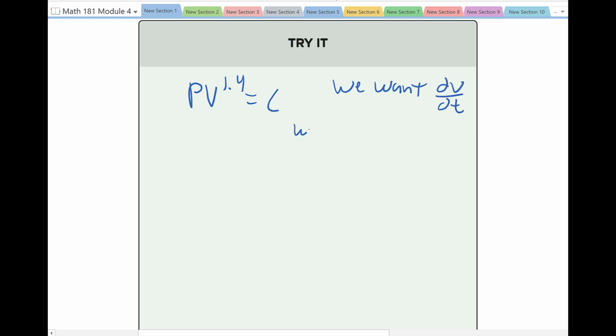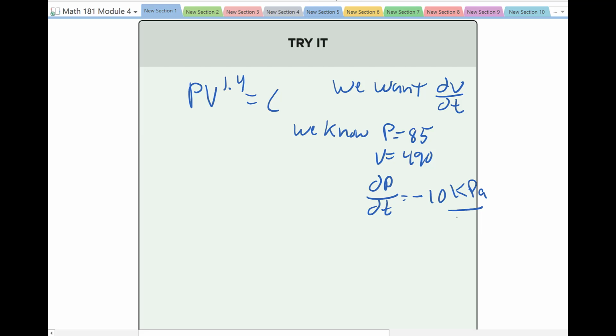We know P equals 85, V equals 490, and dP/dt, the pressure is going down, so it's negative 10 kilopascals per minute.